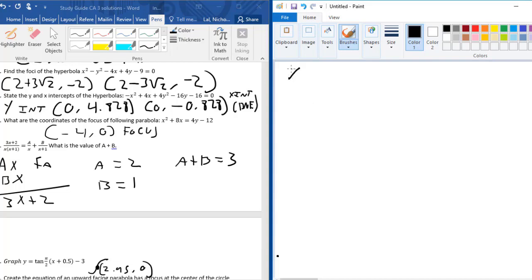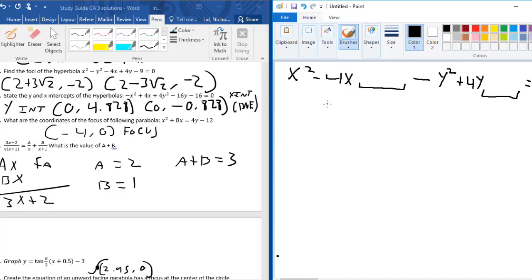So I'm going to have x squared minus 4x, leaving space for a complete the square term, minus y squared plus 4y, and I'm going to set that equal to positive 9.